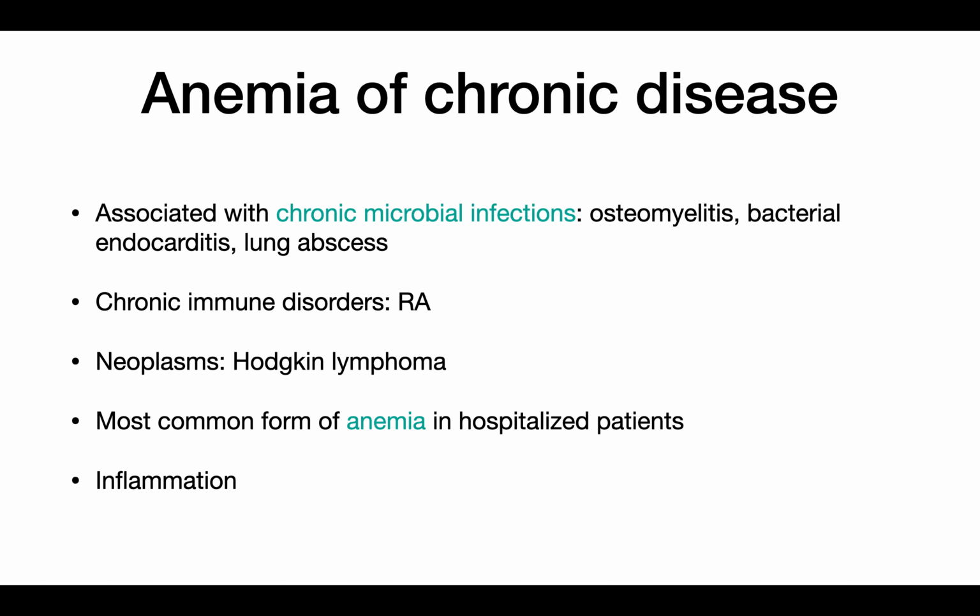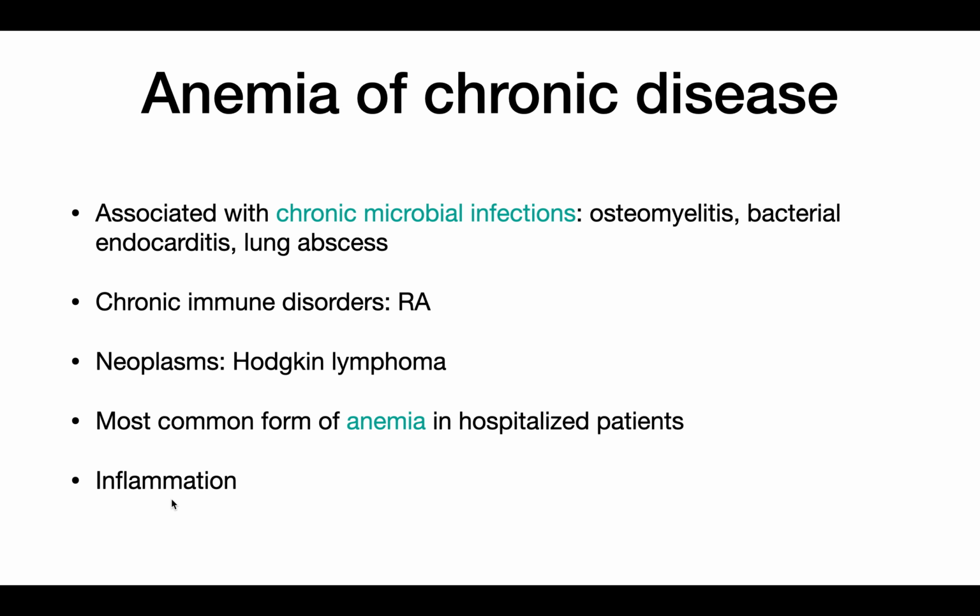Anemia of chronic disease is going to be associated with chronic microbial infection, chronic immune disorders, and neoplasms, and it's the most common form of anemia in hospitalized patients. It presents with inflammation. Inflammation is going to have all those immune cells reacting, so those will react to the red blood cells as well.